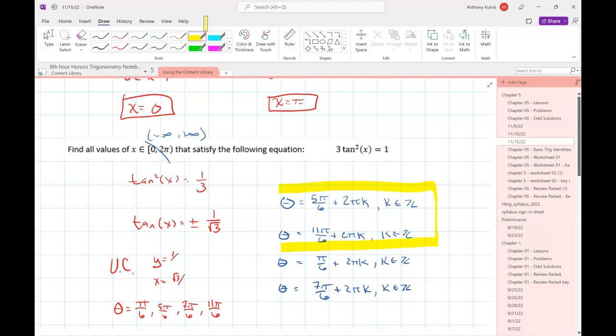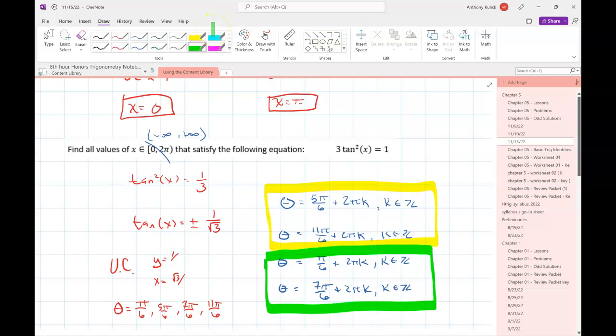Look at this pair of answers. How far apart is 5 pi over 6 and 11 pi over 6? Pi apart. And how far apart are this pair of answers? Pi apart. So if I add pi to pi over 6, I'm going to get 7 pi over 6.